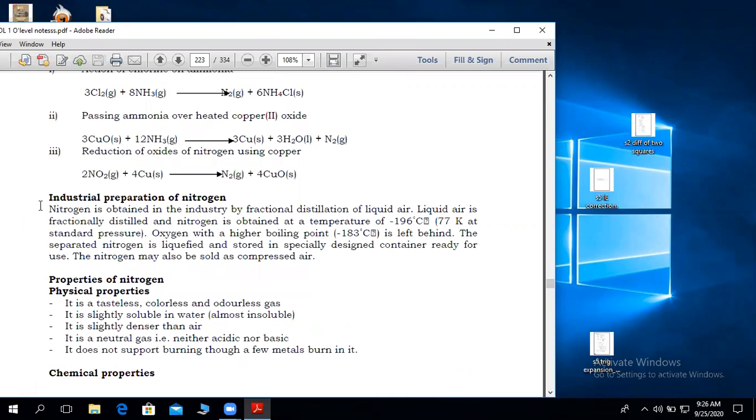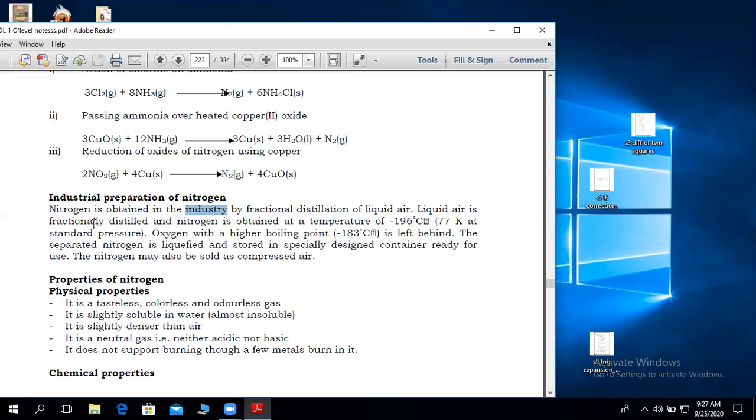Now, industrial preparation of nitrogen, I talked about it. The first one was laboratory preparation, and now this one is industrial preparation. Industrial preparation of nitrogen is by fractional distillation of liquid air.